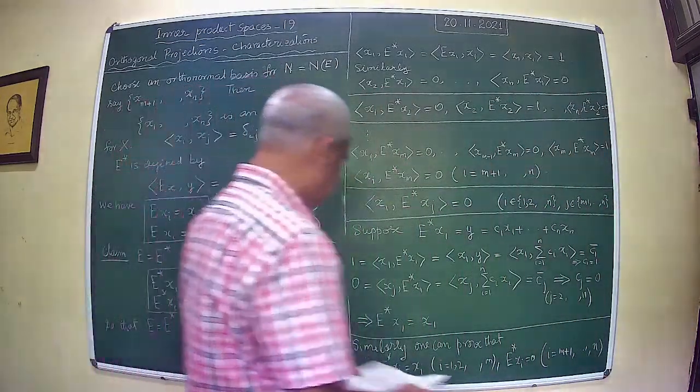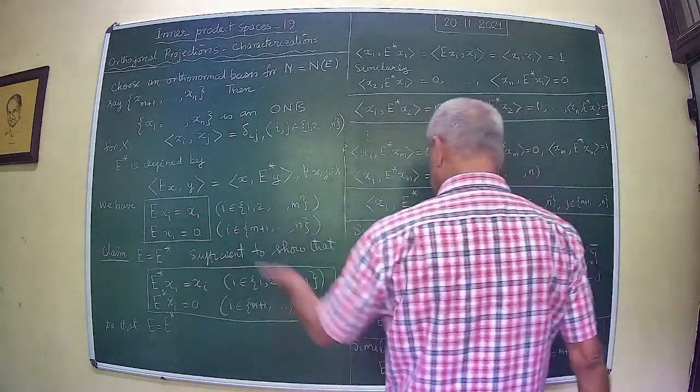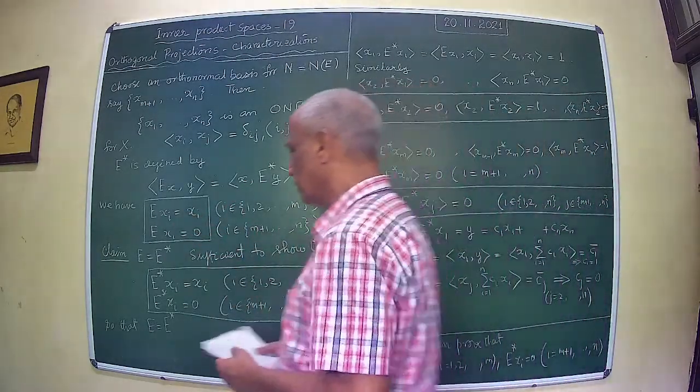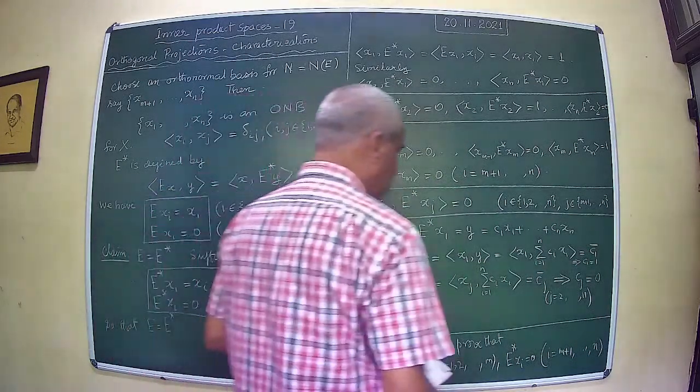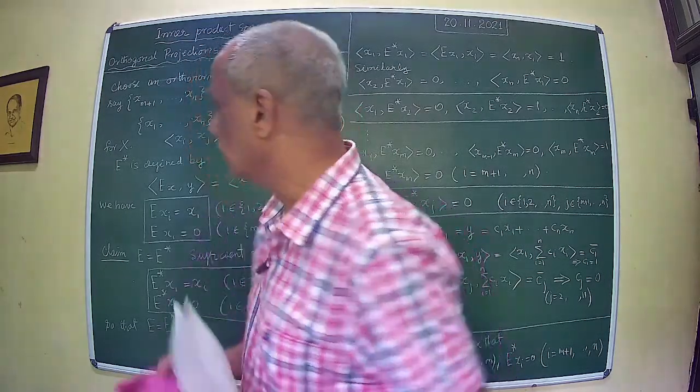Therefore, you see that exactly, so this shows that E star is equal to E, okay, which in turn implies E star equal to E.